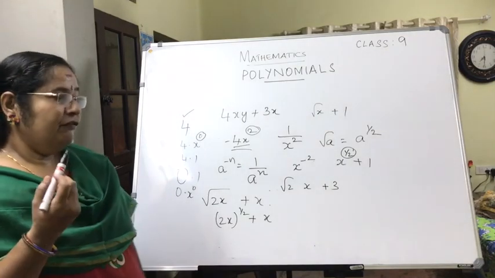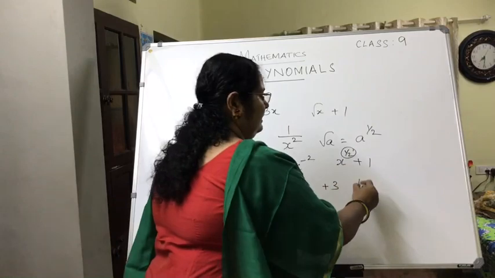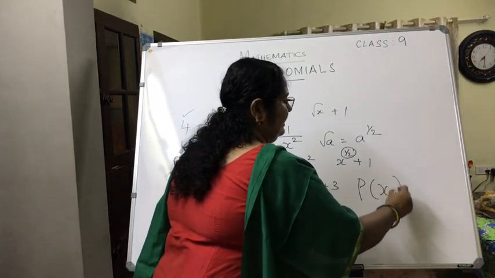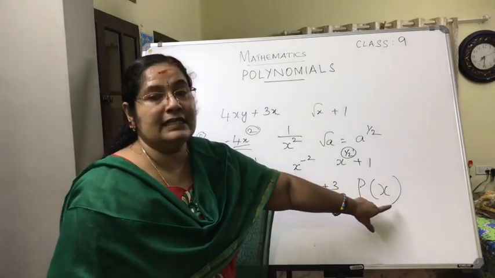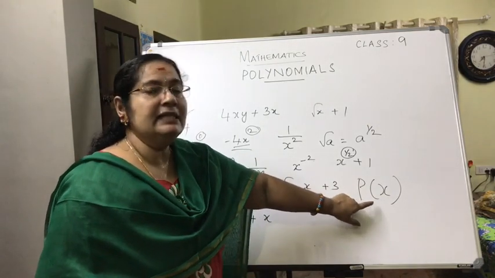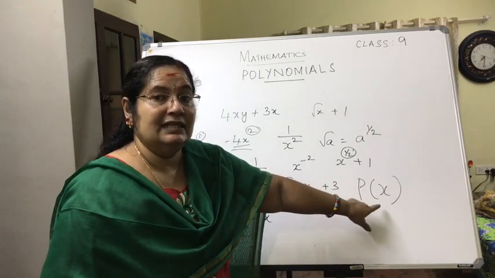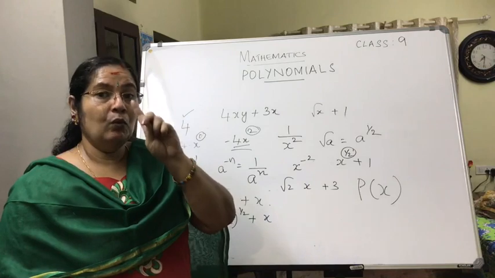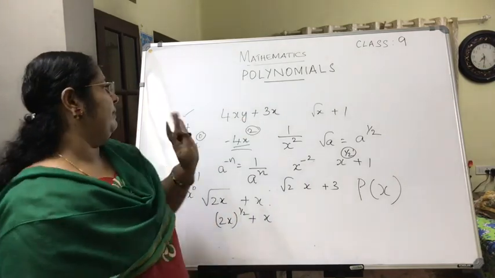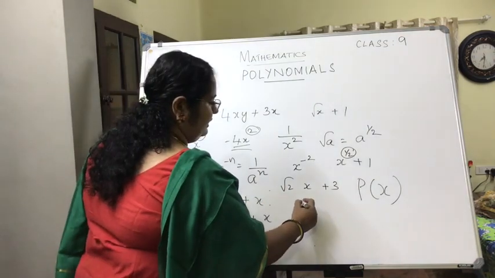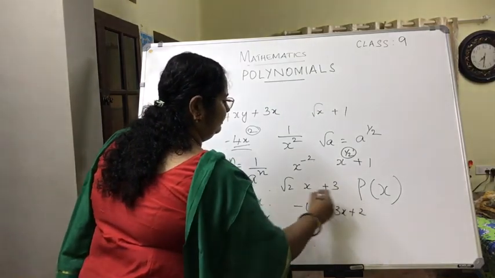And we represent a polynomial as, say, p in brackets x. We read this as p of x. P of x means it is a polynomial in the variable x. So there will be only one variable. That particular polynomial will have only one variable. Say for example, minus 4x square plus 3x plus 2.